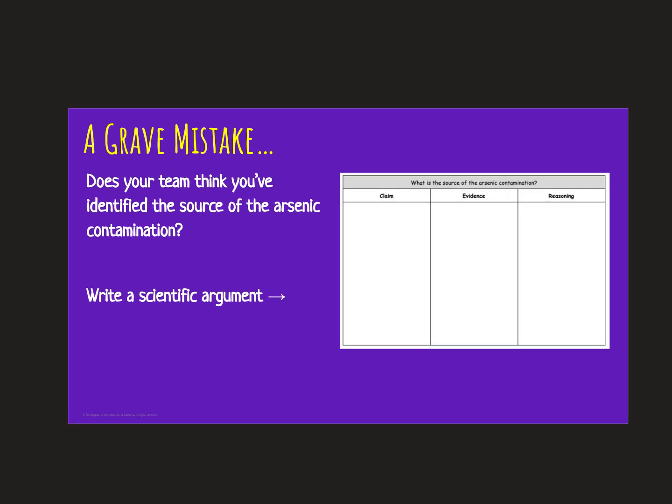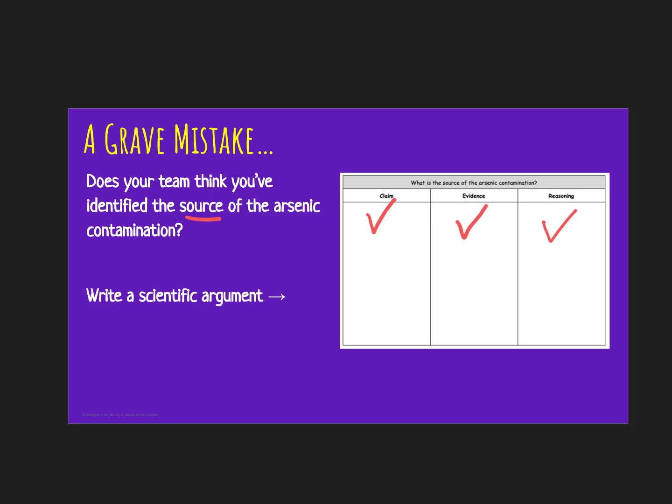After you have labeled all those, I want you to start to think about if you've identified the source of the arsenic contamination. Then write your claim, where you think the arsenic is coming from, evidence that supports your claim, and then reason why you think that the source of the contamination is located there. I think this will take us about 15 minutes of our time.